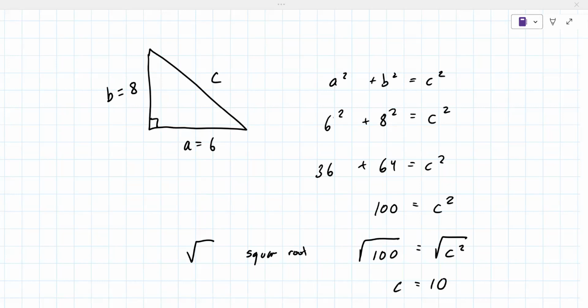So give me just a moment to pull that up. So here is a new problem for us to look at.